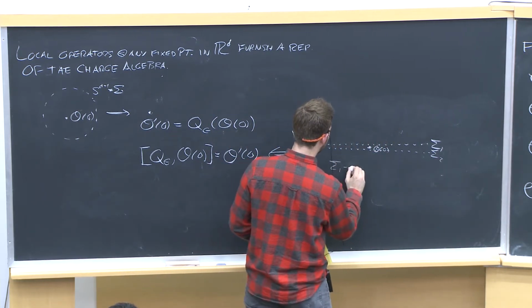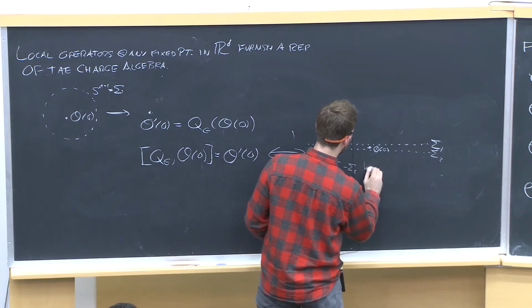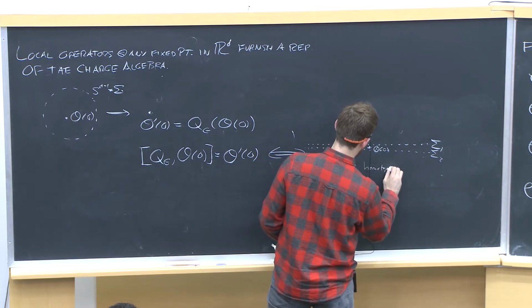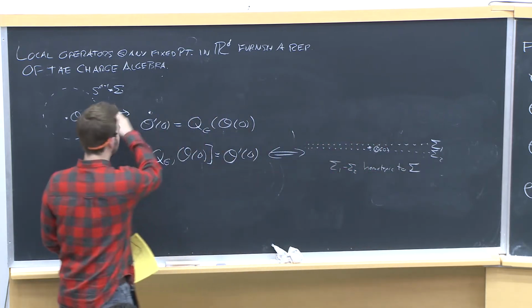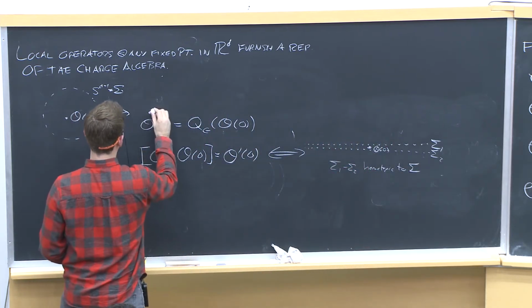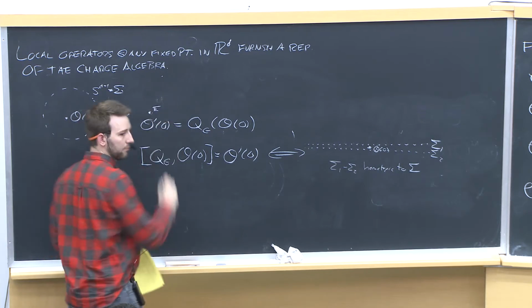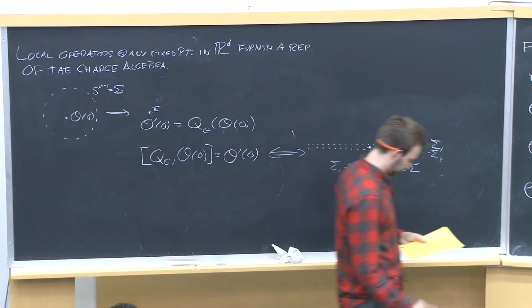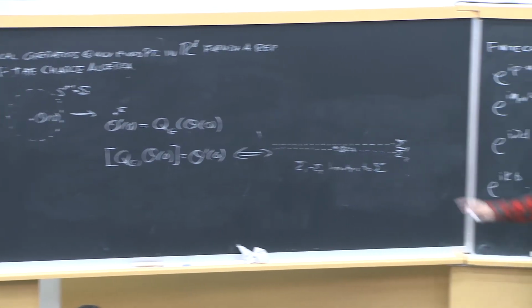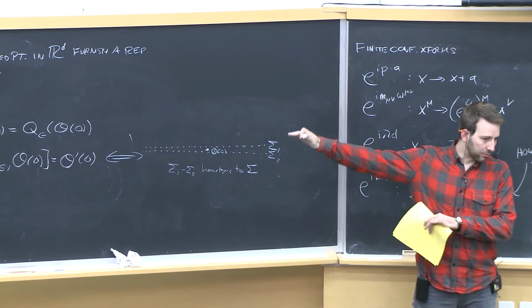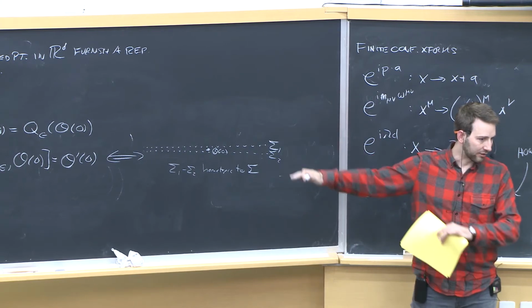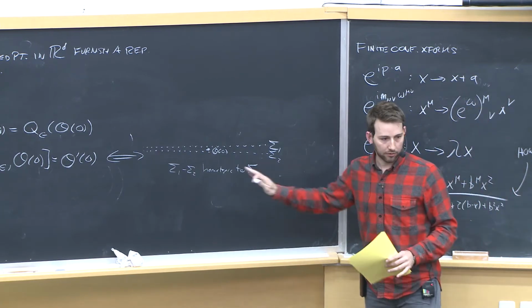And then sigma 1 minus sigma 2 is homotopic to my sigma here, this small circle. So this really is the same thing as if I choose some slice where I want to define a Hilbert space and I have time-ordered operators acting on it, the commutator is the same thing.